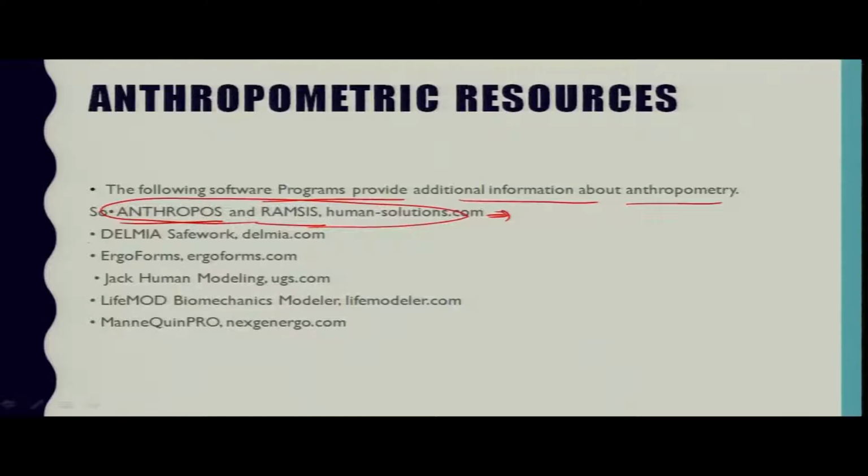Similarly, software has been developed like Delmia SafeWork from delmia.com, Ergoforms, Jack Human Modeling, Life Mod Biomechanics, and Mannequin Pro from nextgenrego.com. These are developed to perform anthropometric analysis.